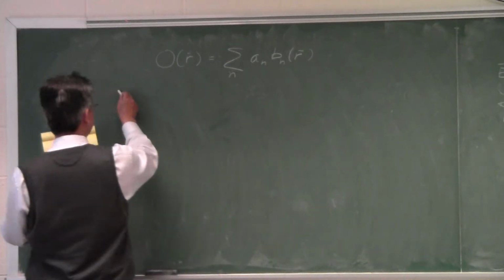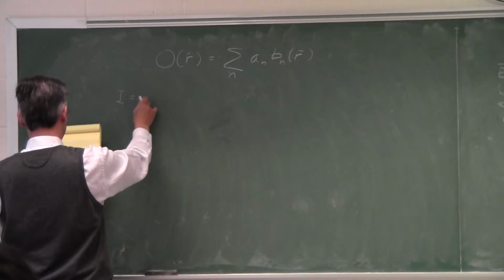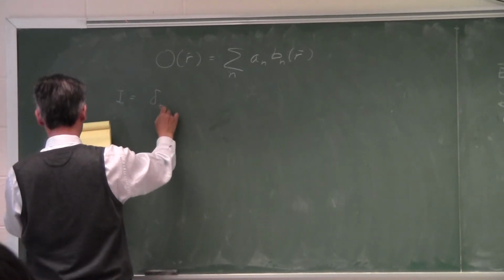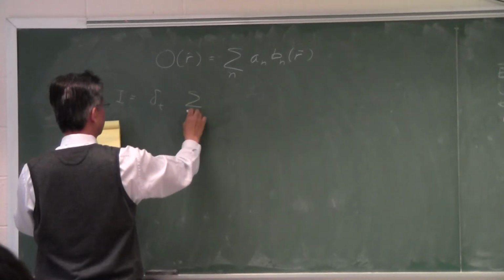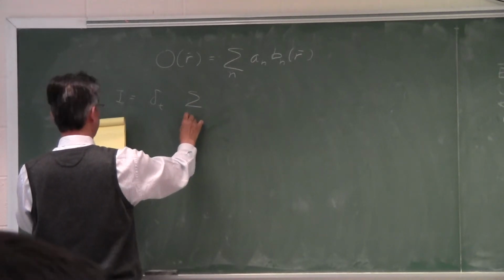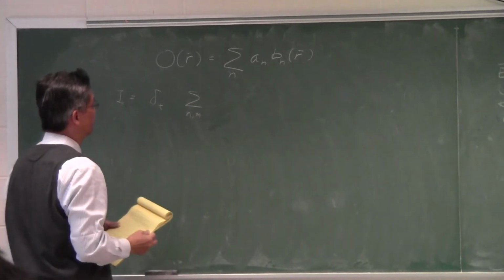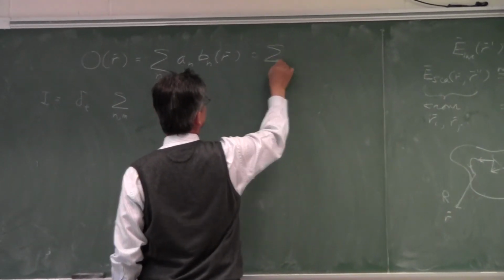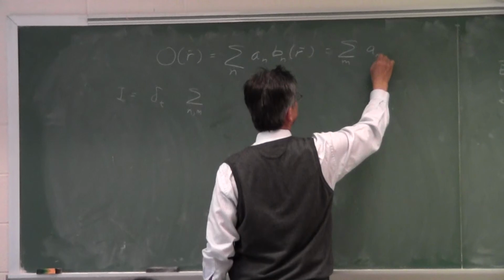If I do the substitution, then the function of I just becomes delta t, and then n and m. I can also use n and m as dummy variables.